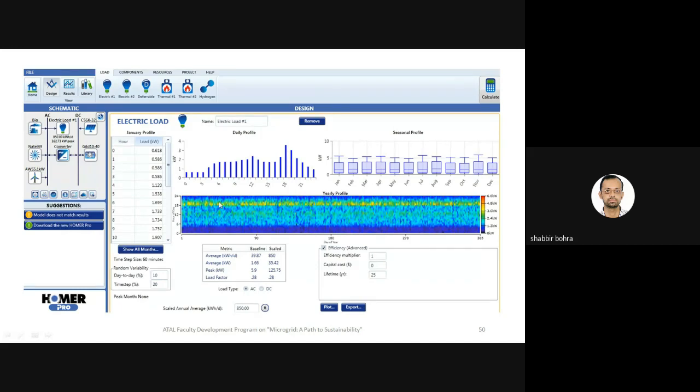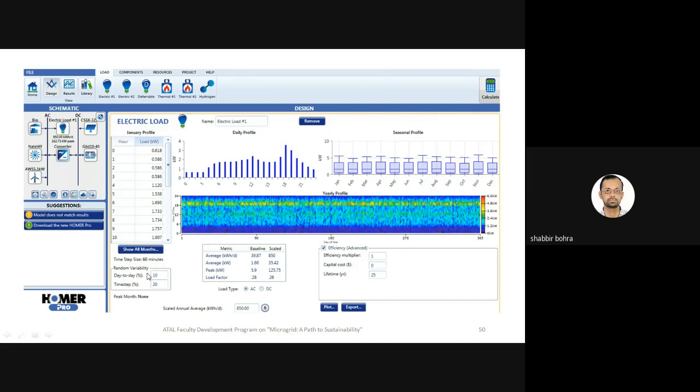So here the load profile is this two humps kind of load profile we have considered, and in that the average load is scale 850 units per day, and the average is 35 kilowatt, peak is around 125 kilowatt, and load factor is considered around 0.28.